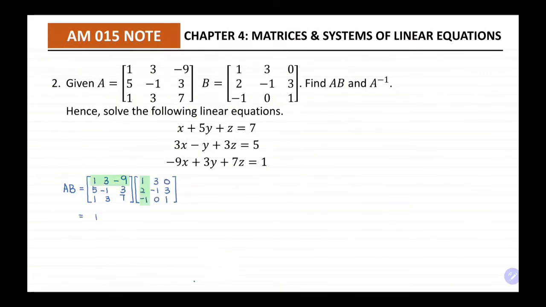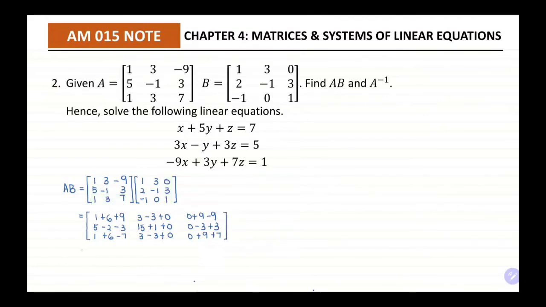So we get 1 plus 6 plus 9, 3 minus 3 plus 0, 0 plus 9 minus 9, 5 minus 2 minus 3, 15 plus 1 plus 0, 0 minus 3 plus 3, 1 plus 6 minus 7, 3 minus 3 plus 0, 0 plus 9 plus 7.